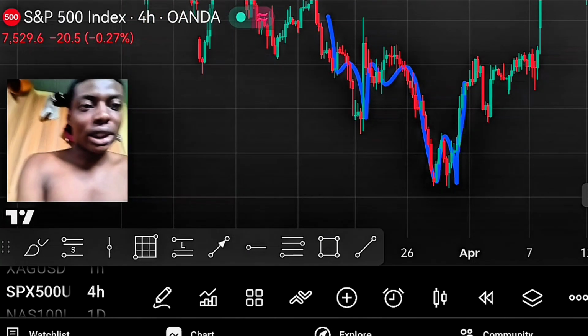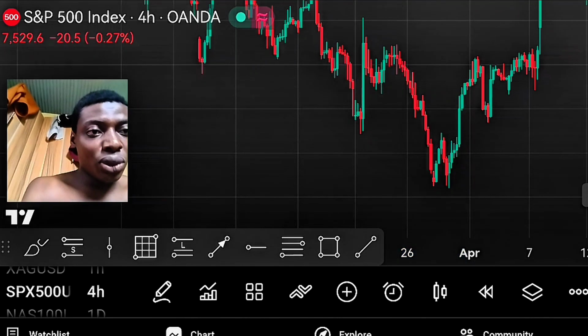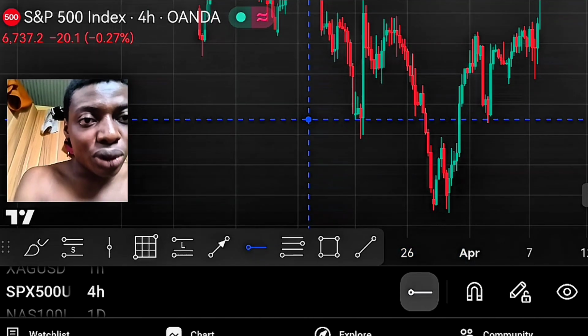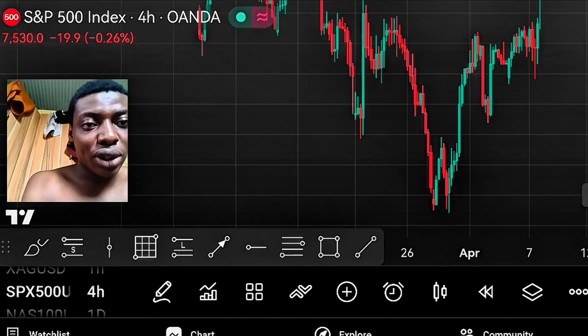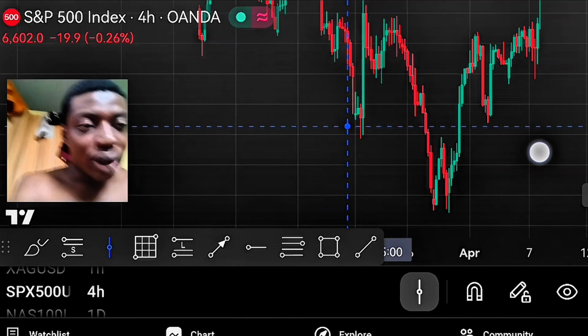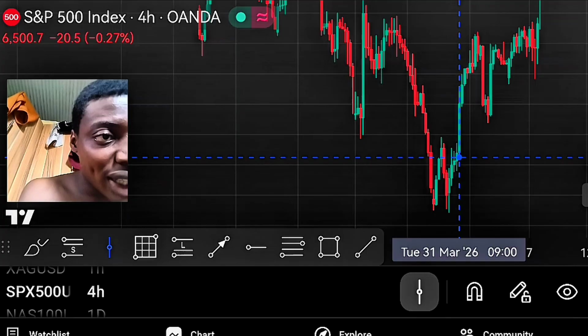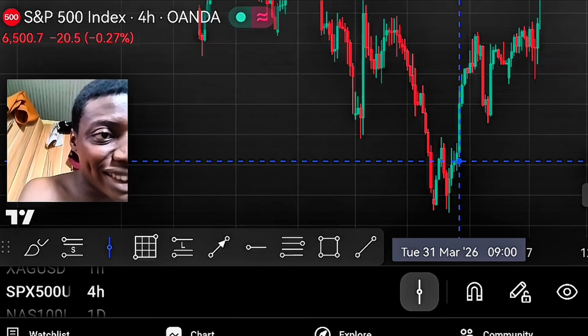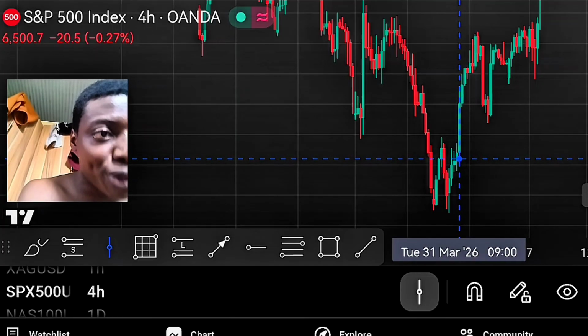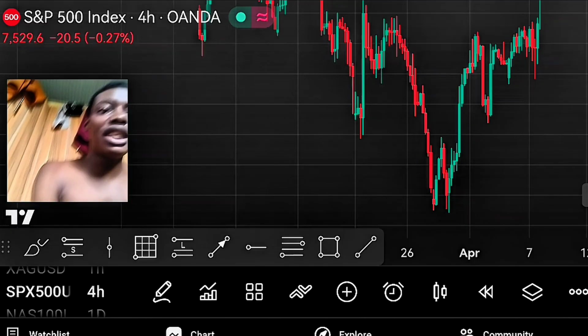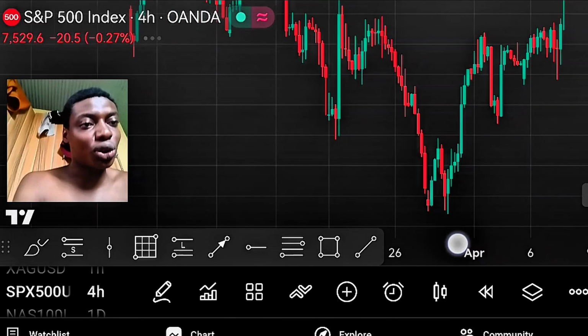That's break of structure to the upside. And look at now the candle that closed above this high was this green candle. You can see that it is the body that closed above, not the wick. If it is the wick, it is not a break of structure.